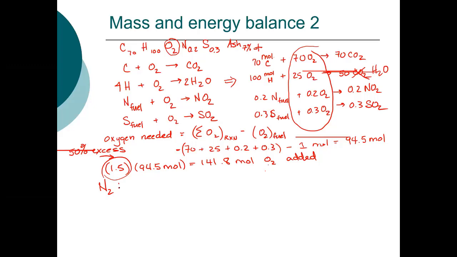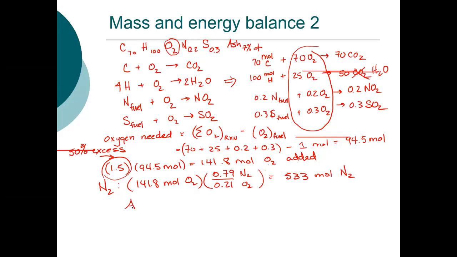Exactly. So we have 141.8 moles of oxygen, and air contains 79% nitrogen and about 21% oxygen. And that is 533 moles nitrogen.